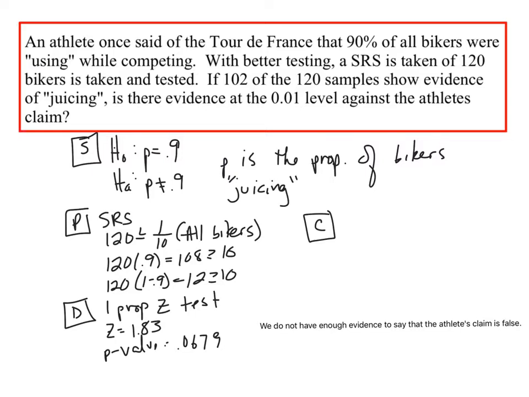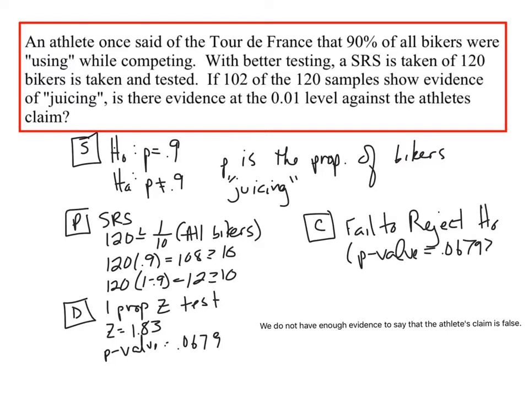Against the 0.01 level, we will fail to reject the null. Remember, we should say why. We should say something about our p-value being greater than, and you could even say your p-value is above the significance level that we're talking about, that 0.01.